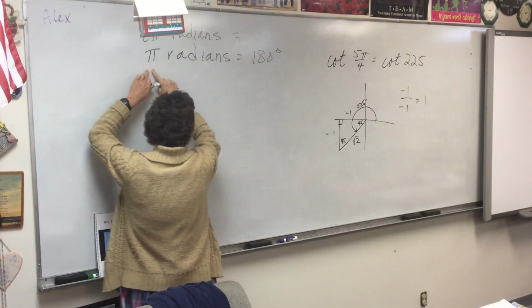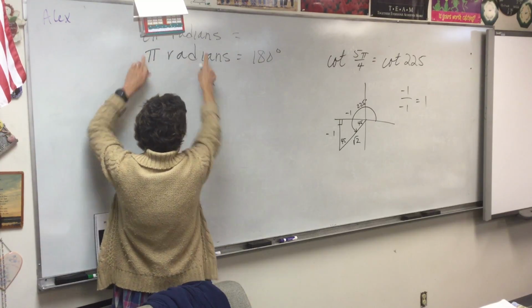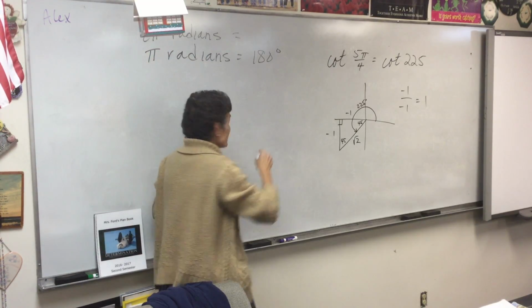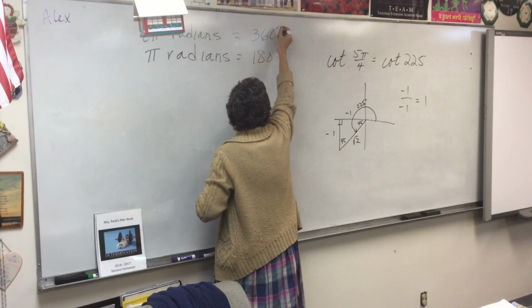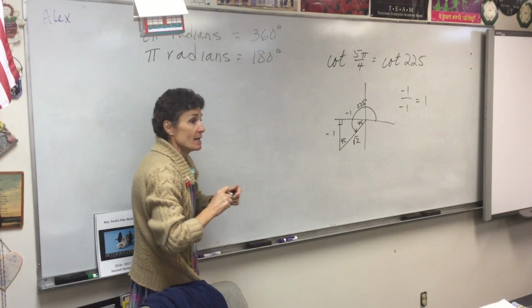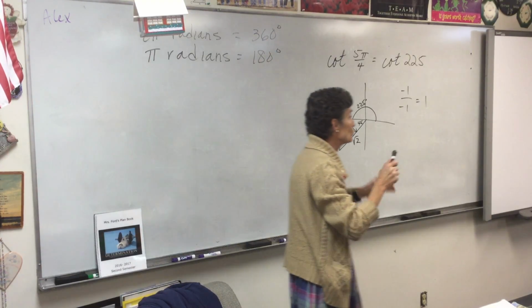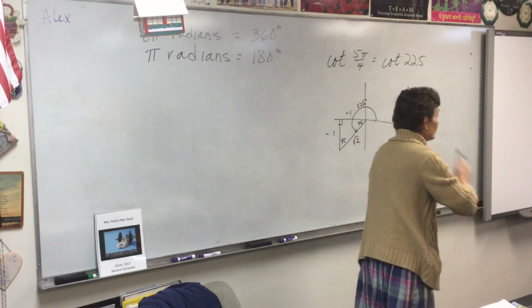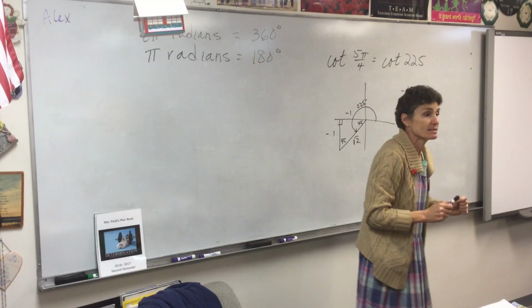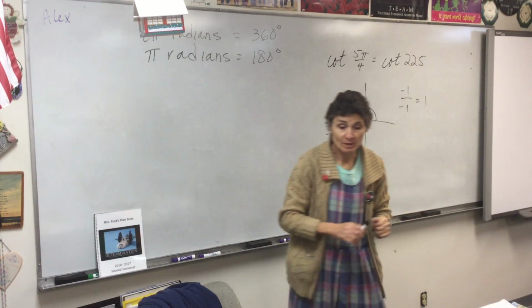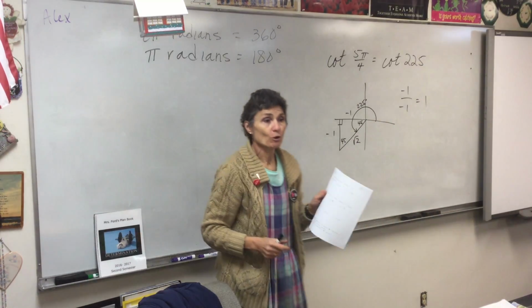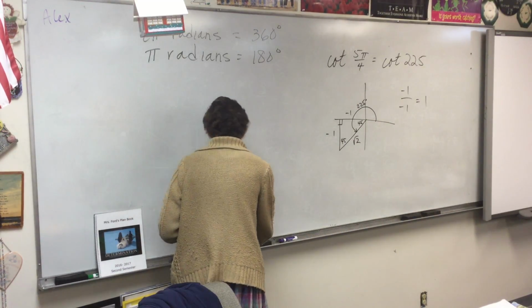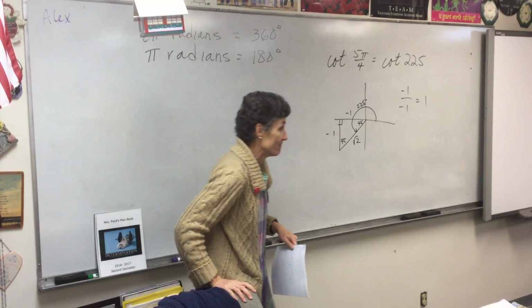If 1 pi is 180, 2 pi would be 360. So that's a revolution. In degrees it would be 360, in radians it would be 2 pi. In order to convert from one unit to the other, it's very, very simple.